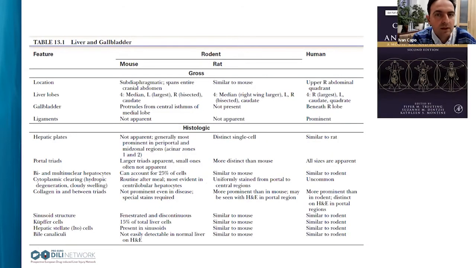I put here a table where we can see the main differences in histology which we need to know to analyze the tissue, if we are looking, for example, at the mouse. The differences, or similarities to humans, can be analyzed in the location, the number of liver lobes, the gallbladder and ligaments, and also some histological details which we will discuss.